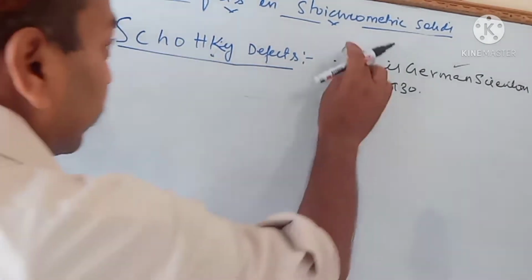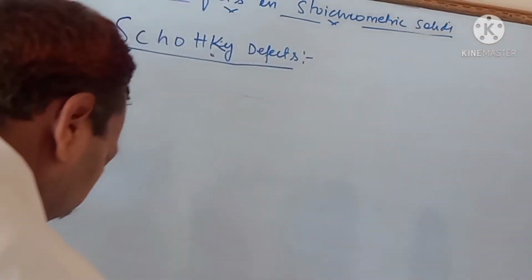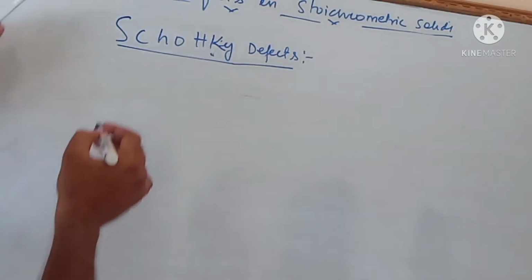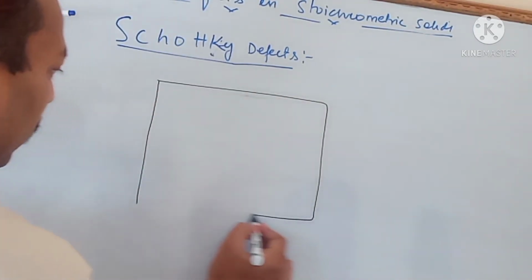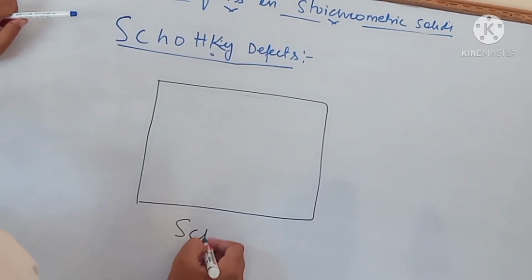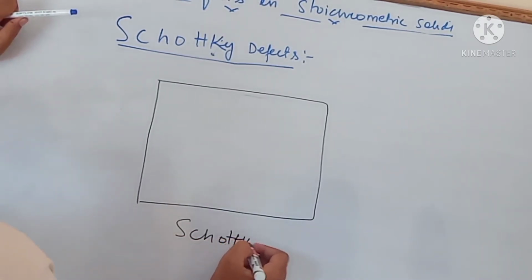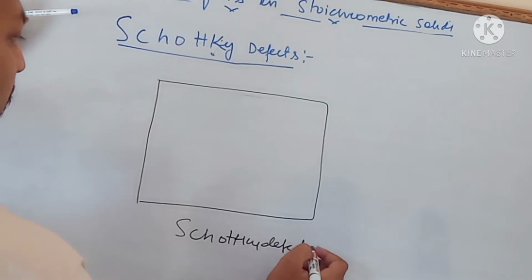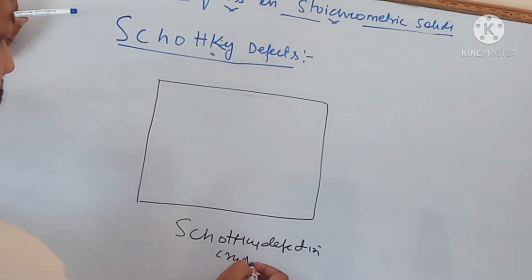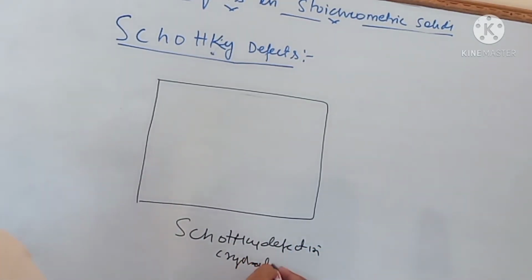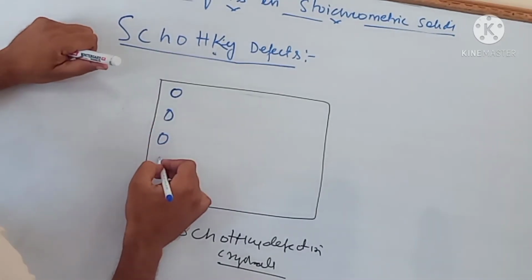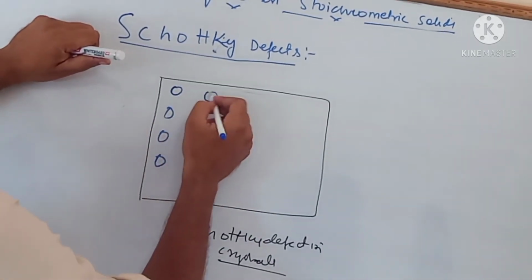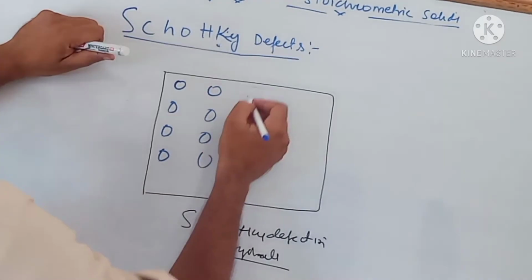Second point: we are going to study this with the help of one example, Schottky defect in crystals. Here I am taking lattice points, lattice point, lattice point, and so on.